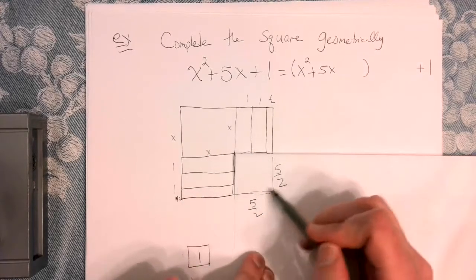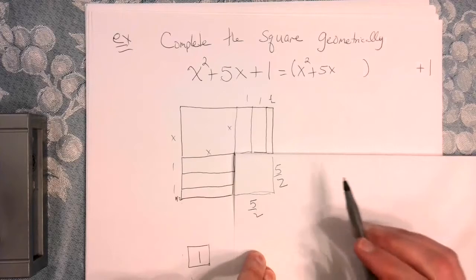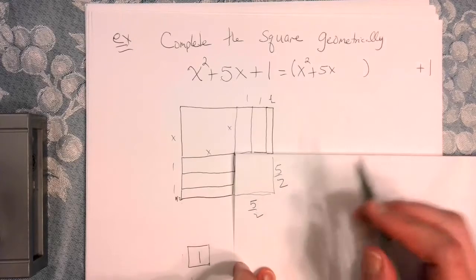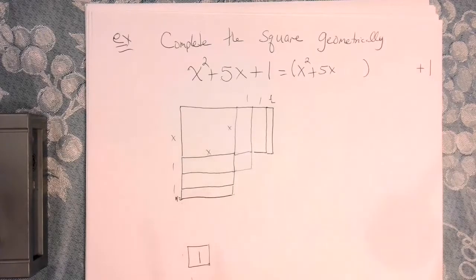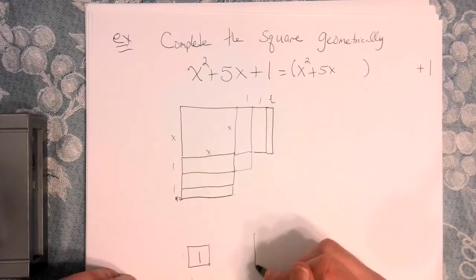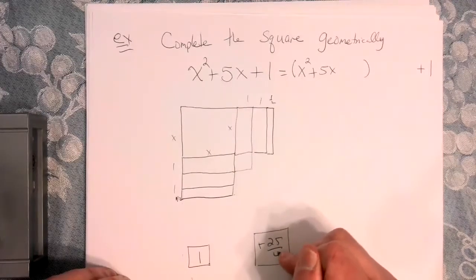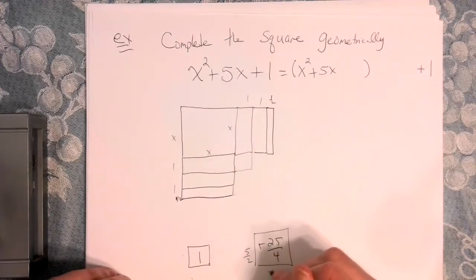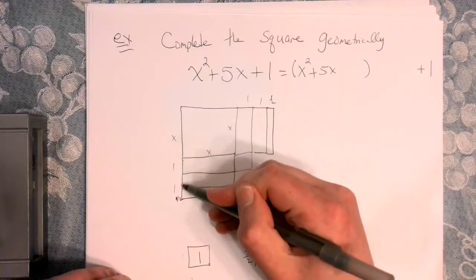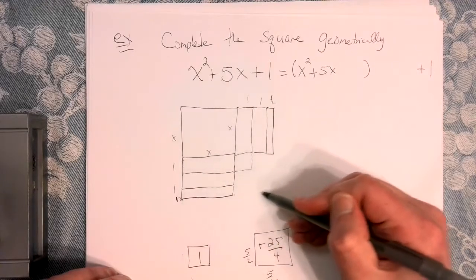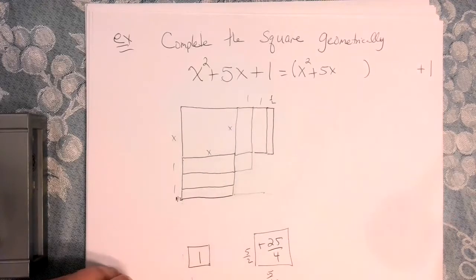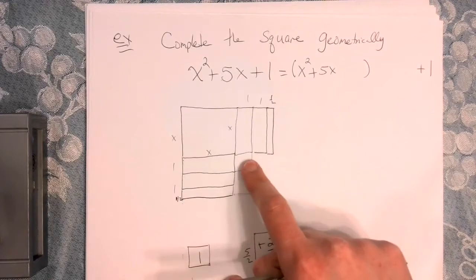So that's what would fit right in there. This has area 25 fourths. So I'm going to say I need plus 25 fourths, right? That's 5 halves by 5 halves. So that goes there, right?